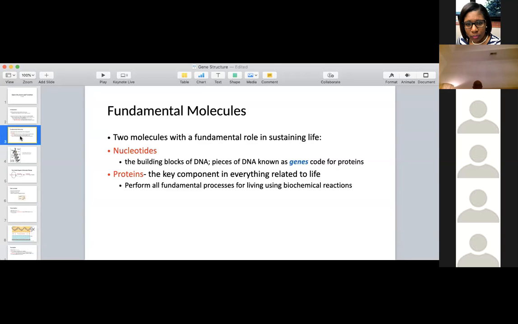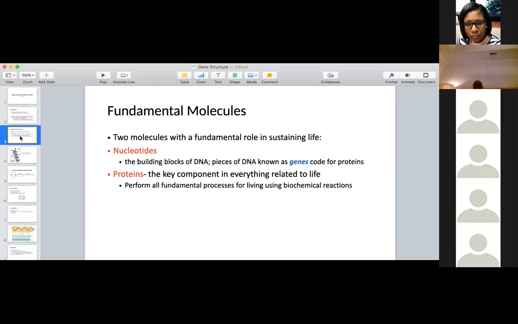Proteins are a very key component to everything related to life. It is the protein expression within a cell that is responsible for all of the biochemical activity taking place within the cell. So think with me. Your body has hundreds of different cell types, and all of these different cell types have different functions.